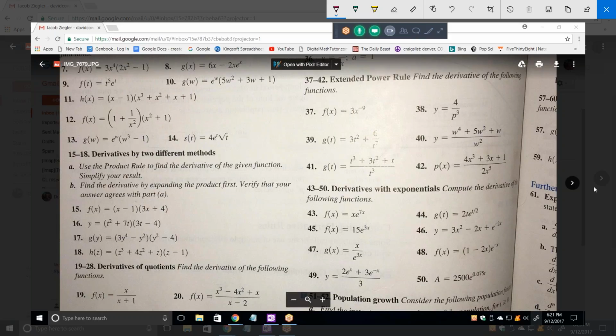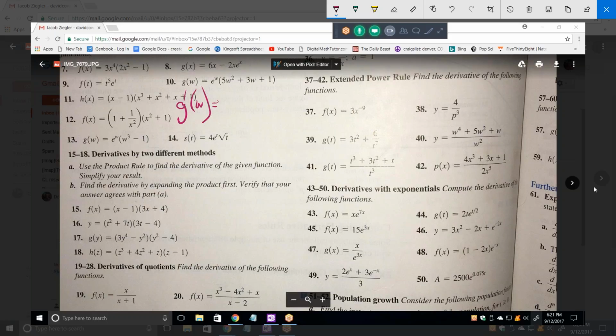Okay, let's do 10. What's g prime of w equals? What rule? I mean, product rule again, I guess? Always. Product rule is huge.